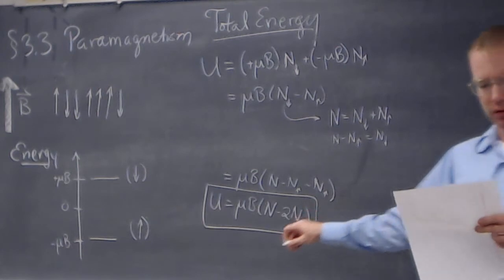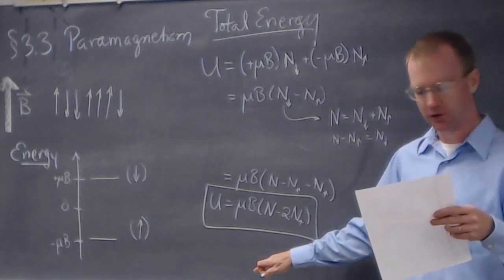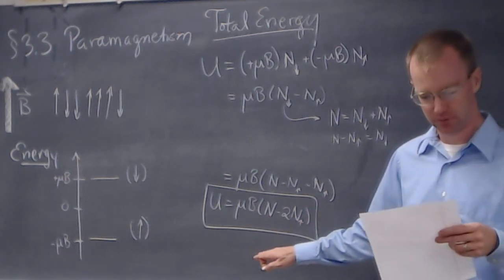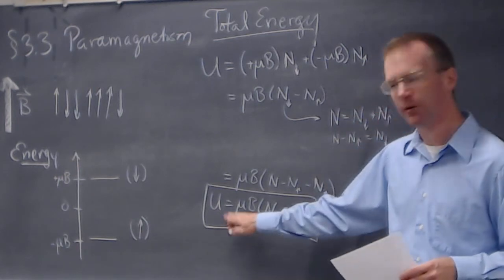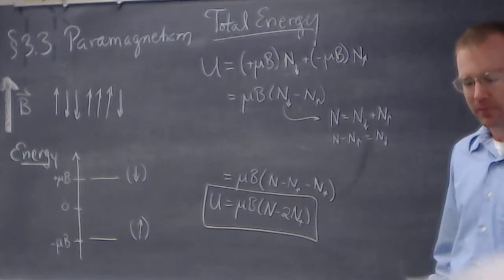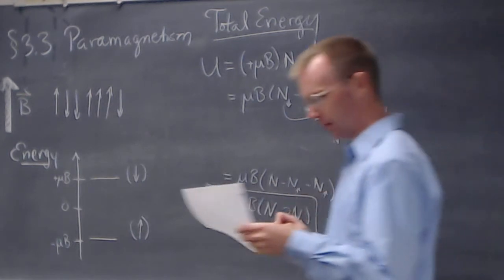Okay, so far. There are 2 more things I can do with this that it turns out are going to be useful here. This is good on its own. This is a formula for the energy. But let me show you.